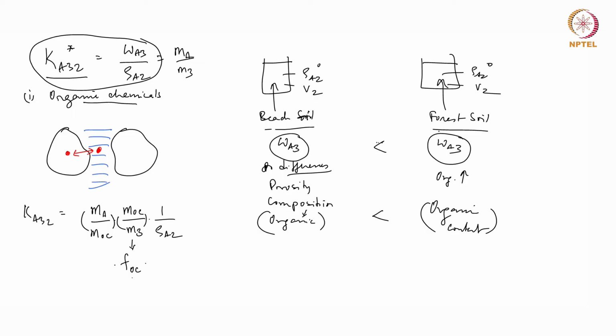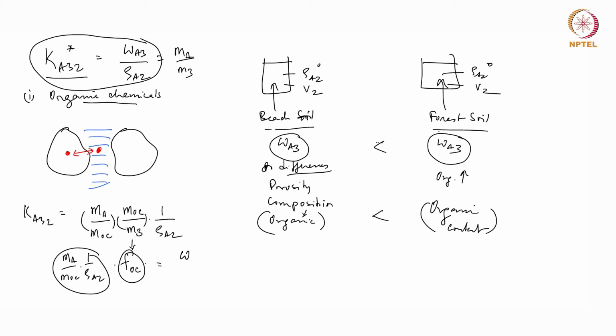So, what it says is, if I know what the organic carbon is in general, I can now say that the adsorption of a particular chemical, partitioning of a particular chemical on organic carbon with reference to water should be more or less the same. So, I am removing this FOC out of the equation, I am separating it out. So, I will write m of A by m of OC into 1 by rho A2.